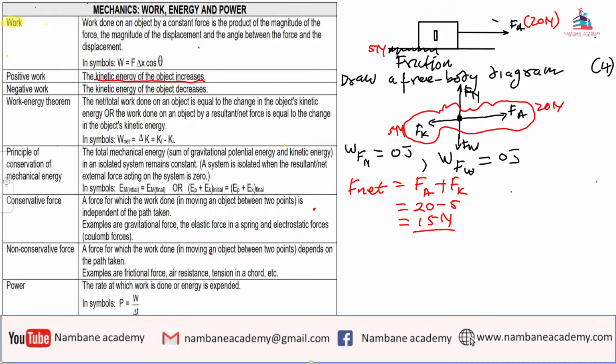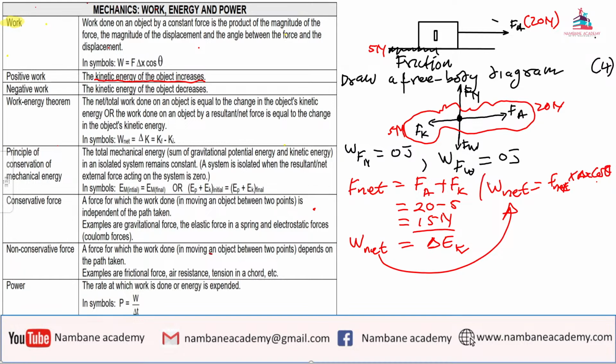But what is it that the work energy theorem is saying? It is saying the net work done, work net, is equal to the change in kinetic energy of the object. How can one get work net? We can say work net is equal to F net multiplied by change in x cos of theta.